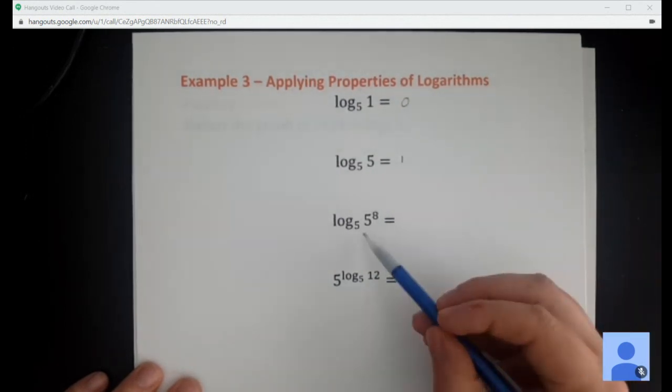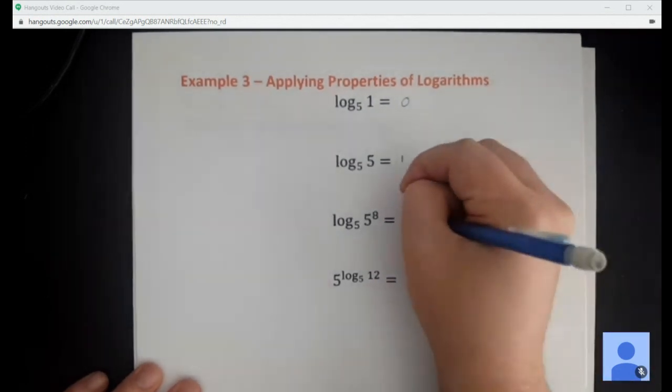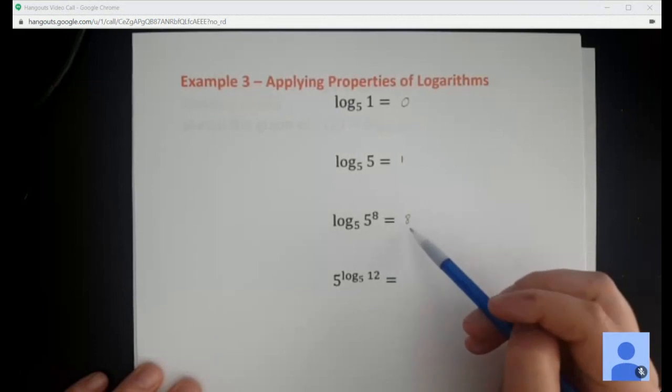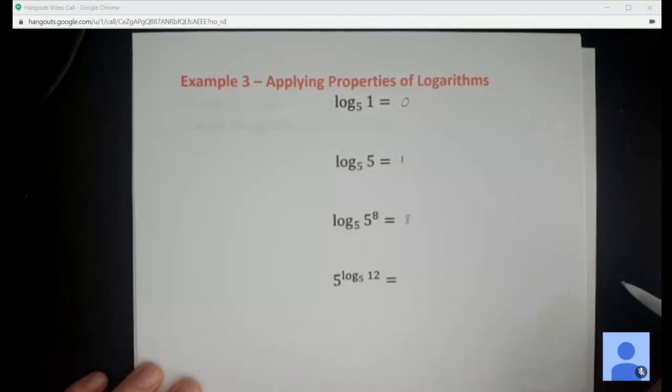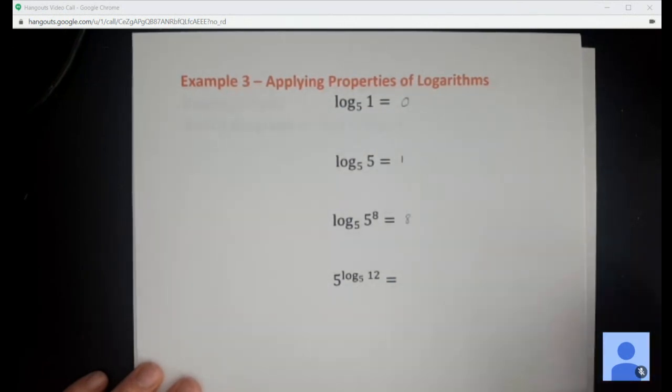All right. What about the third one here? Good. That one should be equal to 8. Again, as long as these numbers match, we can just look at our exponent, which is 8, because 5 to the 8th is equal to 5 to the 8th. And then this is that last case. What should this one be equal to?